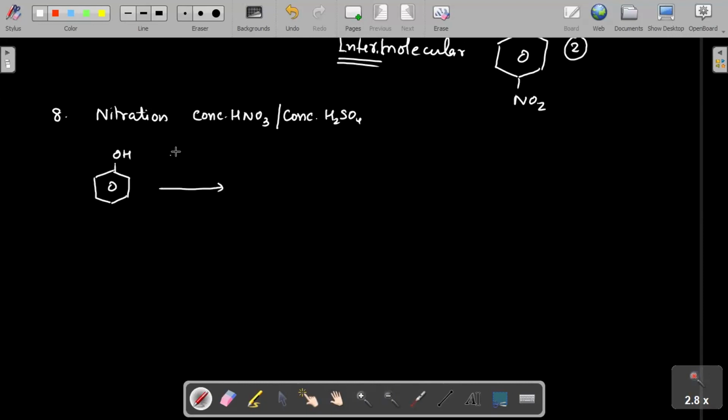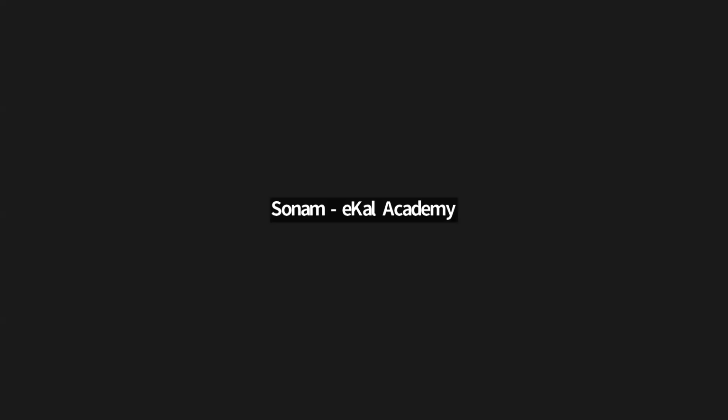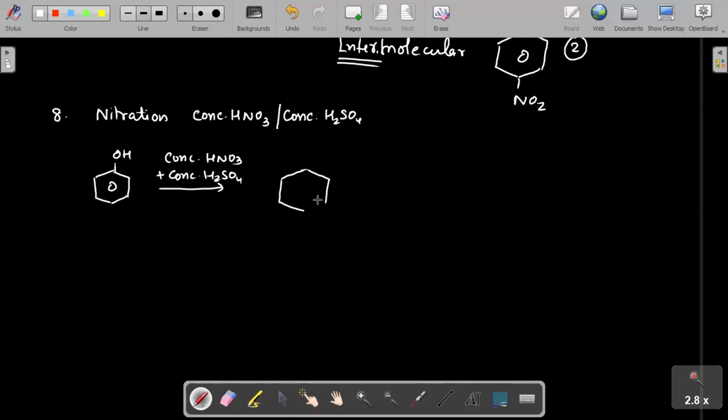So in this case, concentrated HNO3 plus concentrated H2SO4, we get nitration, but your ortho and para positions, all these positions get nitrated, and we get a trinitrophenol.